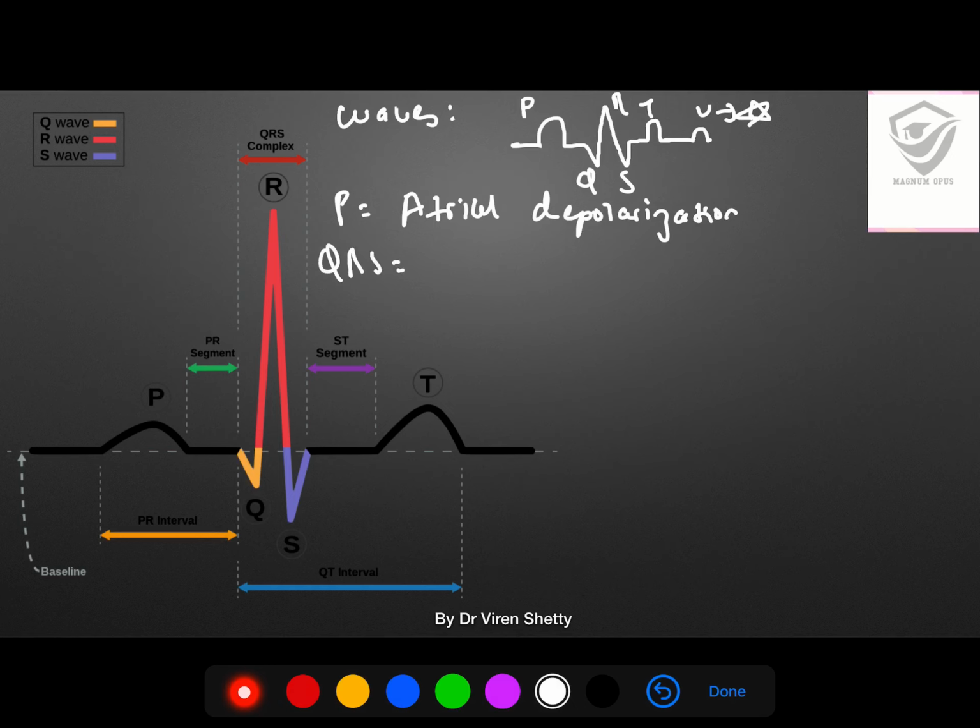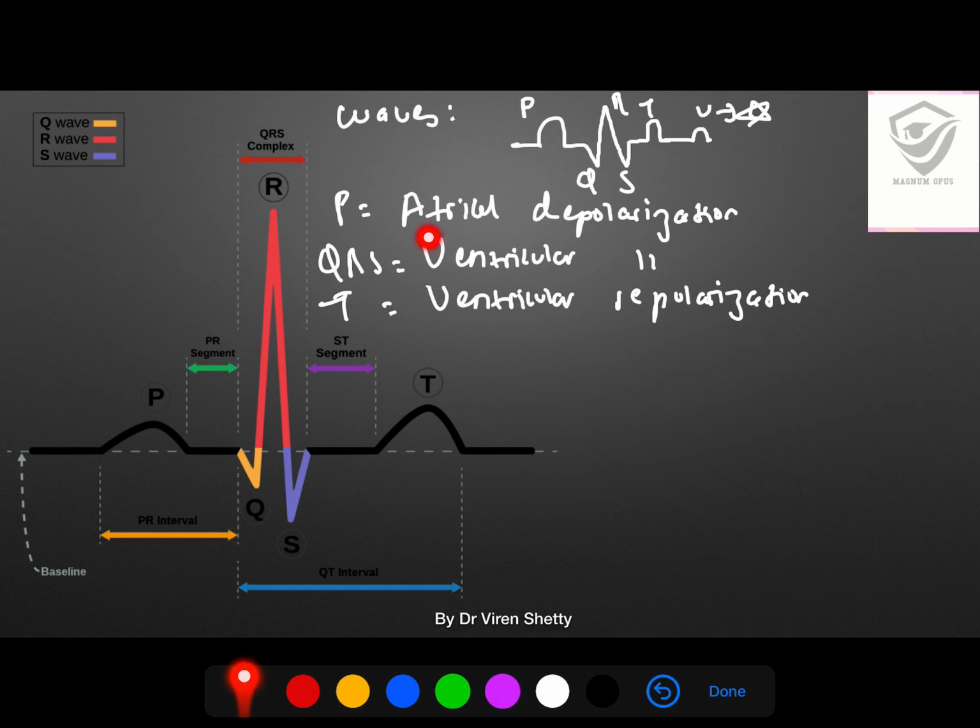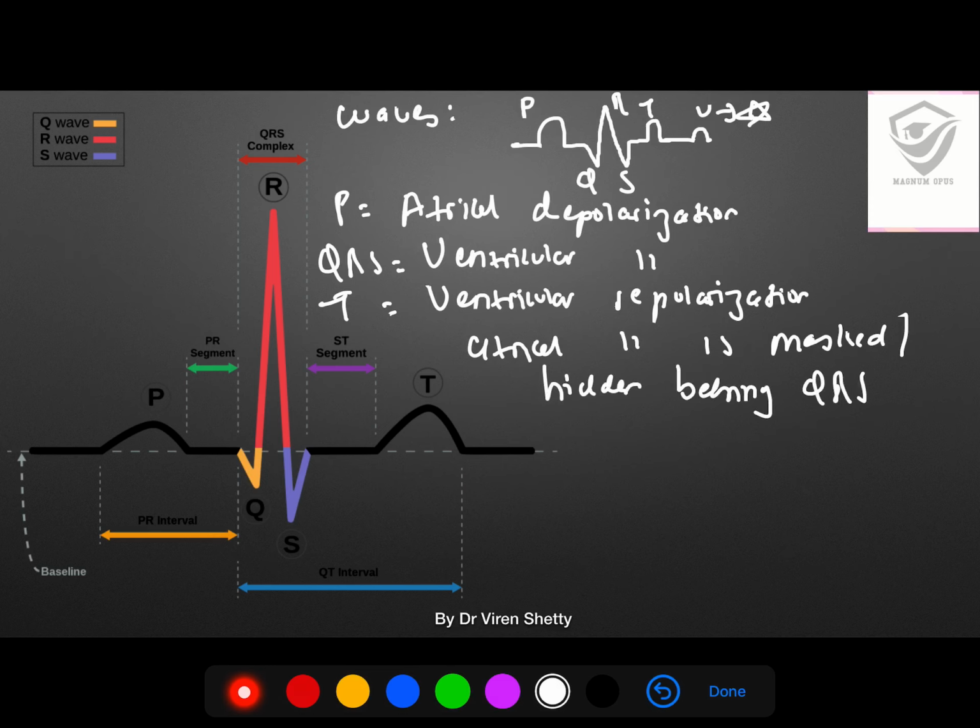The QRS complex represents the ventricular depolarization, whereas the T wave represents the ventricular repolarization. Now some of you smart boys and girls will ask me, so where is the atrial repolarization? So I will tell you that the atrial repolarization is masked or hidden behind the QRS complex, hence it is not seen on ECG.